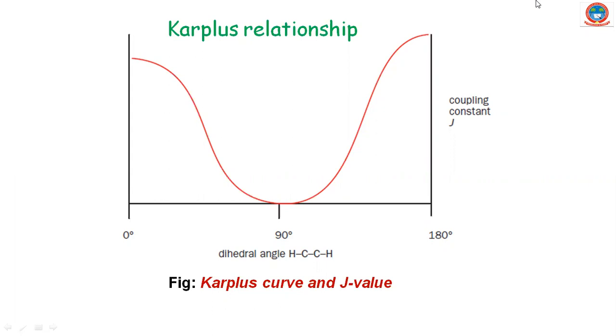The reason is very simple. At a dihedral angle of 90, you see this axis represents the coupling constant value, and this axis represents the dihedral angle. What will happen here in the case of this dihedral angle?